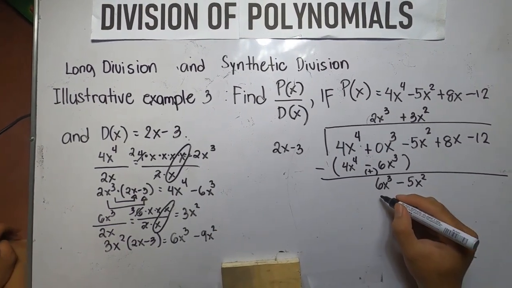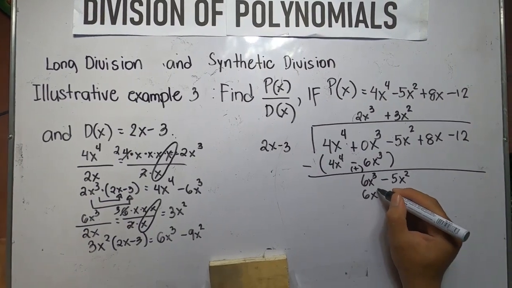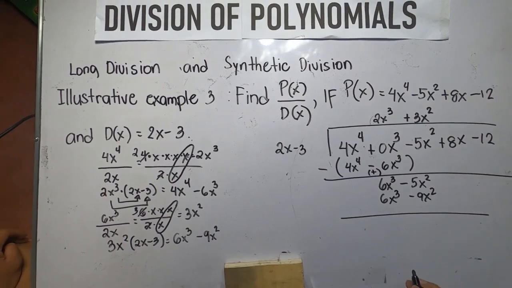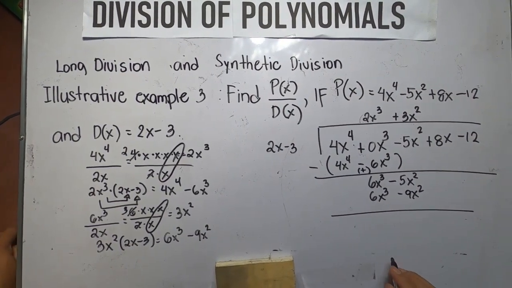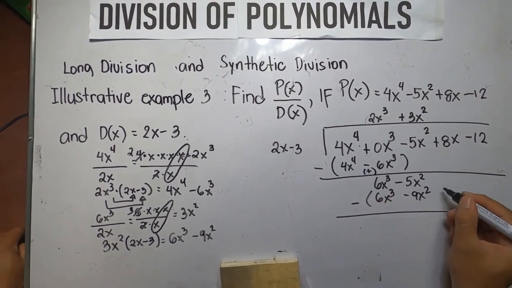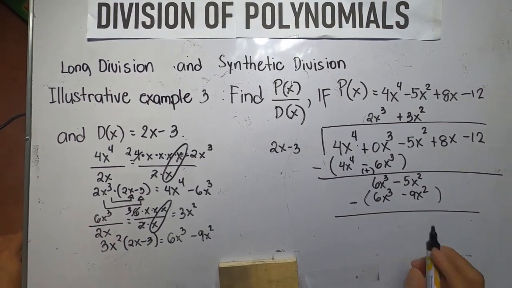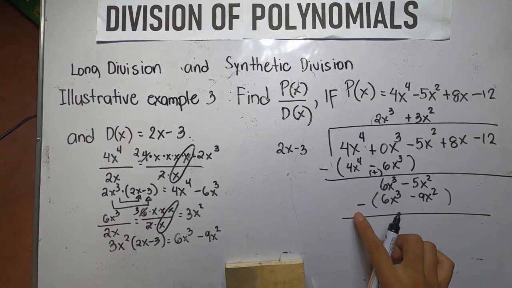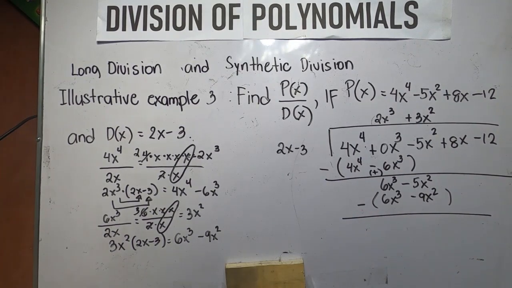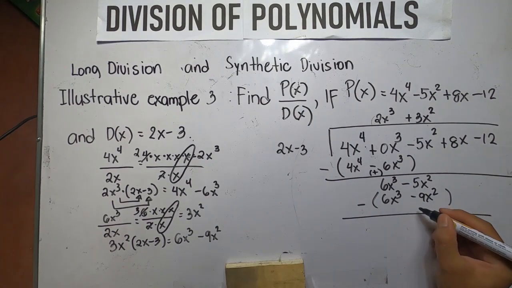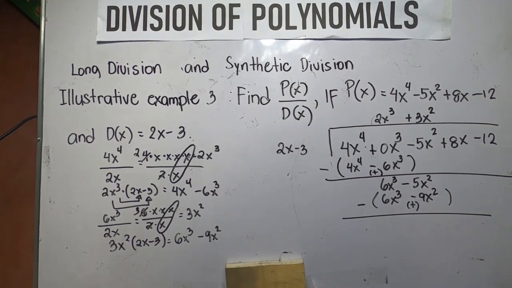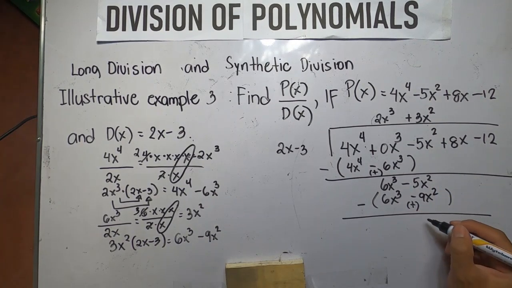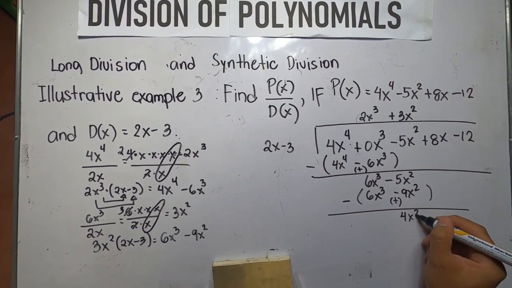So we write the result, 6x cubed minus 9x squared. Then, what will be done next? Subtract. 6x cubed minus 6x cubed is 0x cubed. Negative 5x squared minus negative 9x squared is equal to, the sign will be changed. Then proceed to addition. Negative 5x squared plus 9x squared is equal to 4x squared.